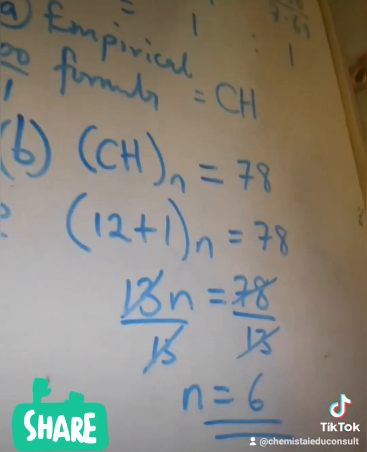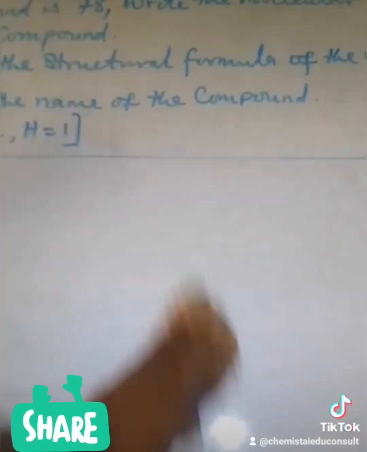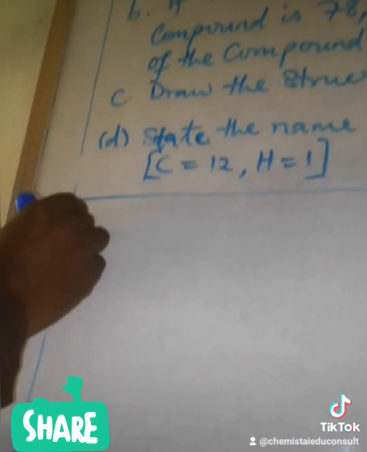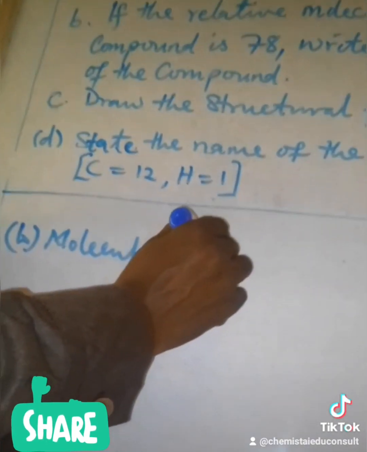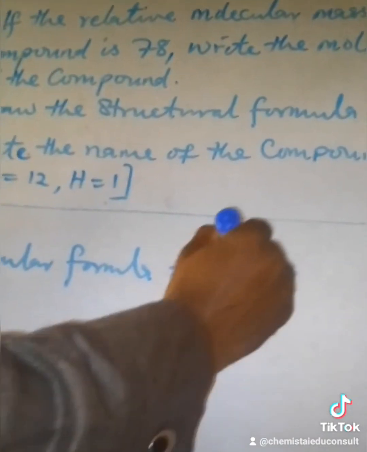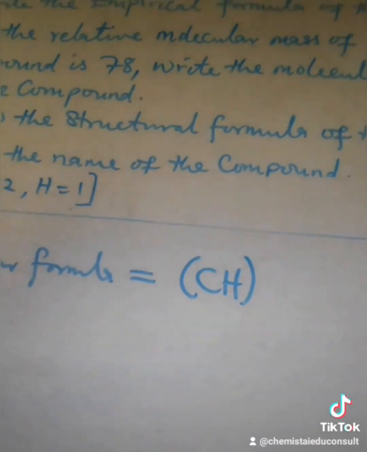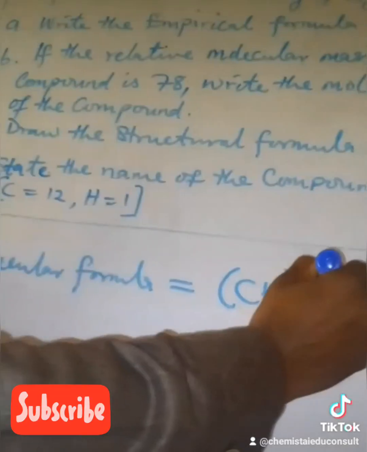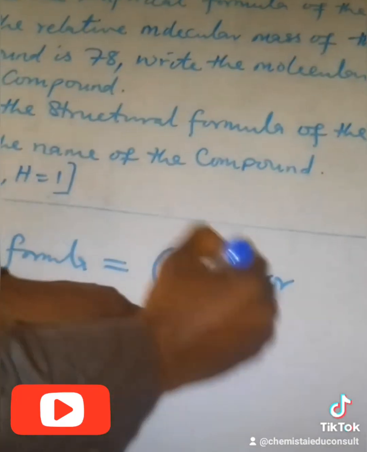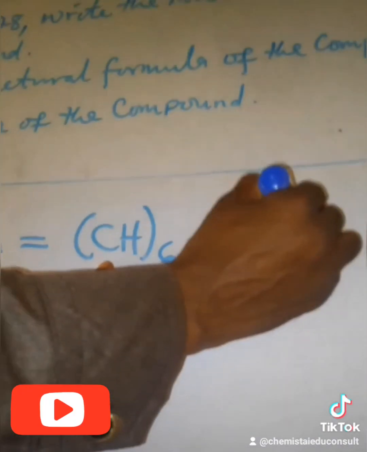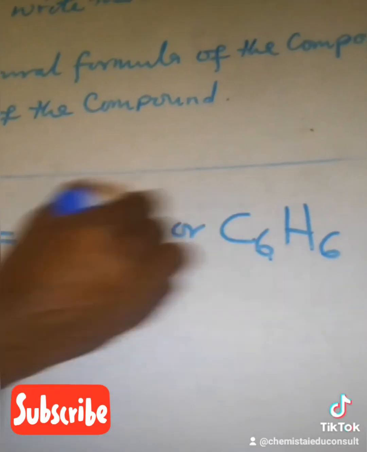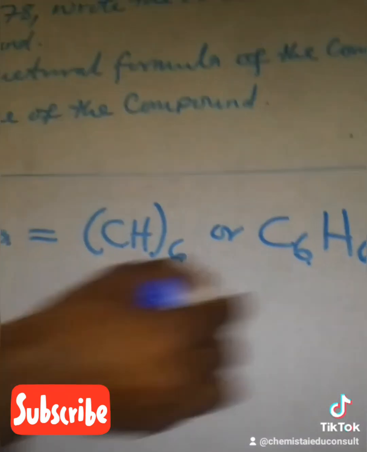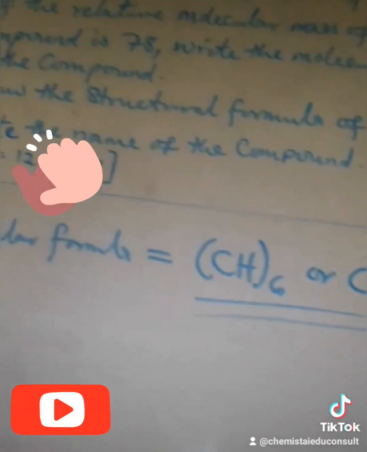Having got this 6, we can now say that the molecular formula, that is B, is (CH) bracket, outside 6. Or, you open the brackets, 6 comes in here, we have C6H6, because 1 times 6 is 6. So that is the molecular formula.